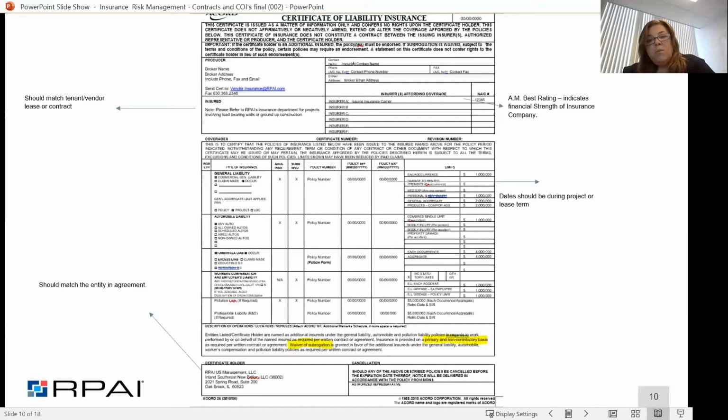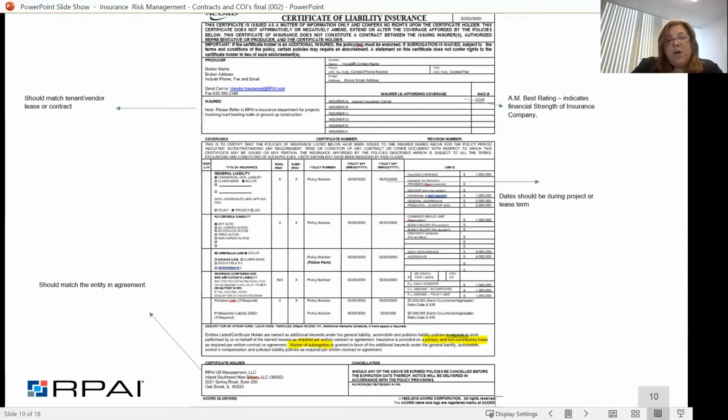A lot of RMIS platforms that monitor certificates will automatically notify you if an AM Best rating falls below your standard. That would mean that perhaps that insurance company is struggling, and you'll want to know that, especially if it's a large contractor you're working with. So those are things that we monitor.